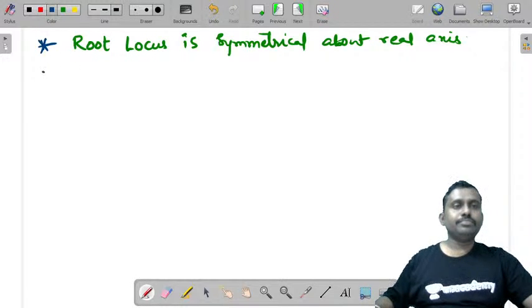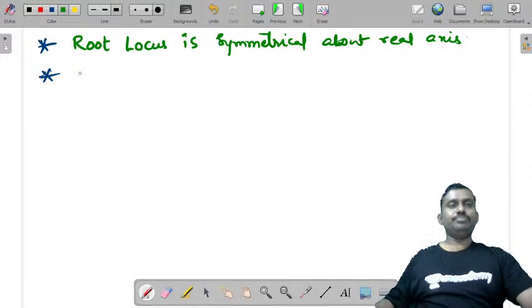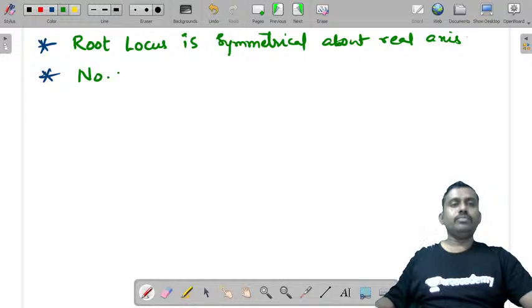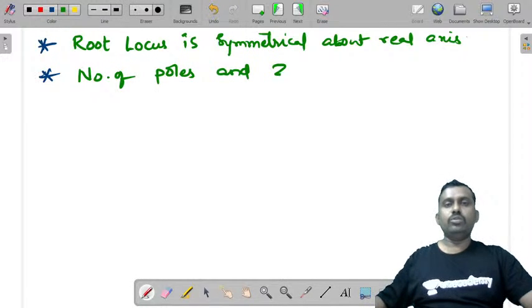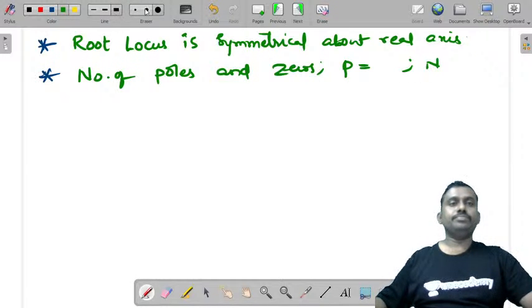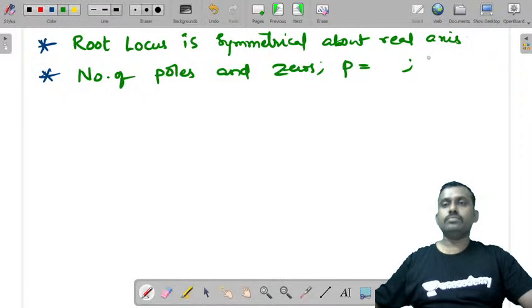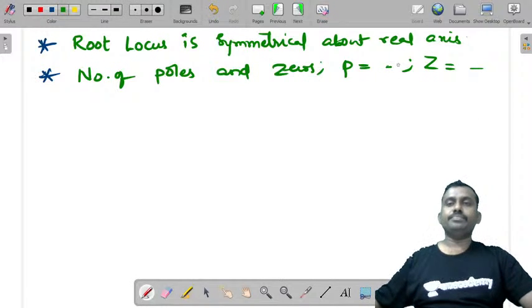Second one is, whenever you are given a question, you need to find the number of poles and zeros and mark them as P equal to a number and Z equal to a number.